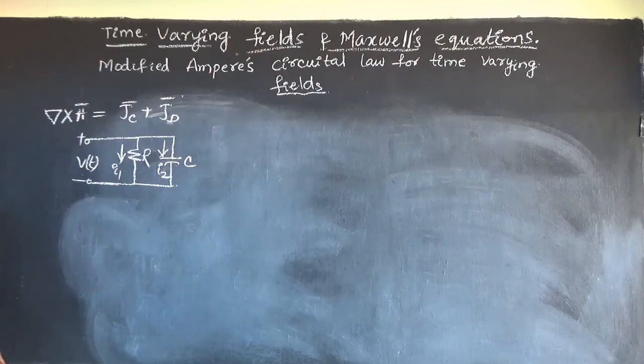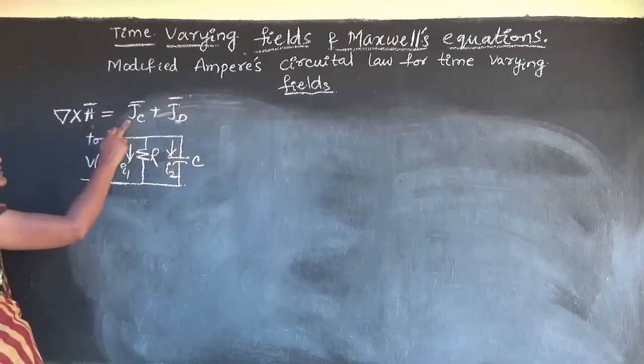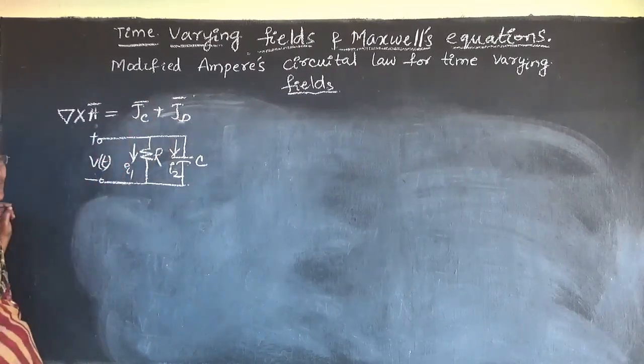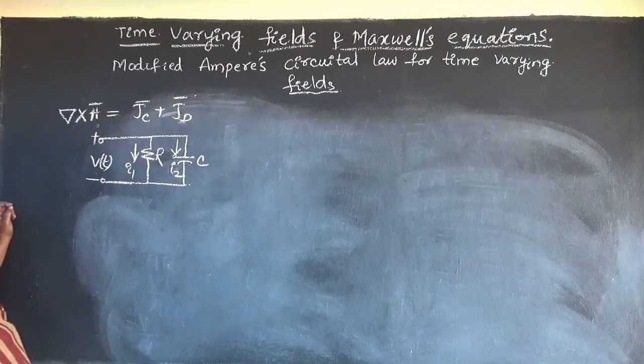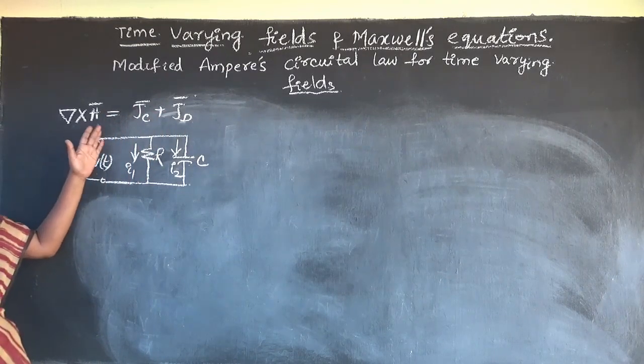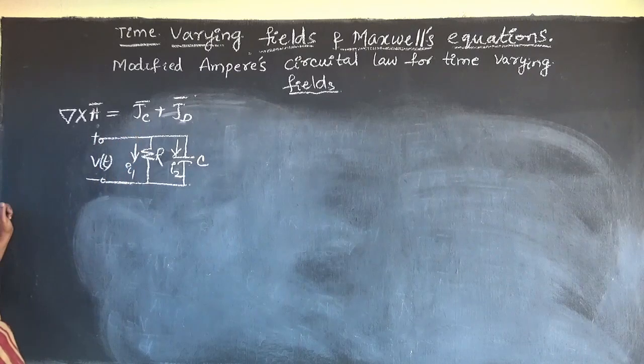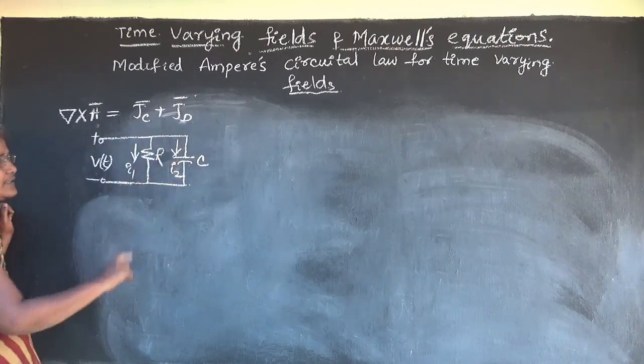What we have seen, del cross H bar is equal to JC bar plus JD bar. That is conduction current density plus displacement current density. This is the modified Ampere's circuital law. Now we have taken a circuit.